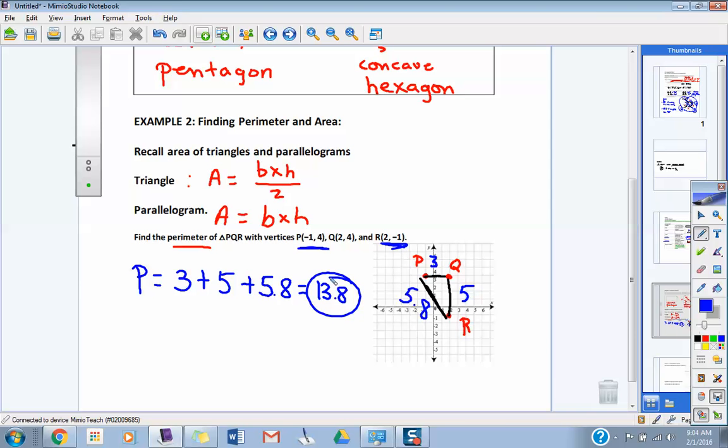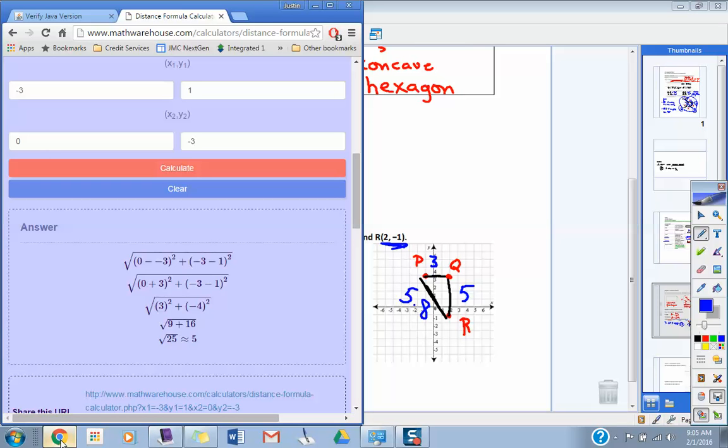So that came from this calculator. Okay, my point P right here, I plugged in (-1, 4) up here, so I want -1, comma, 4, right? So I bumped that up, and then I'm just going to back this down. Okay. And then the other point right down here is right 2 and down 1, right?